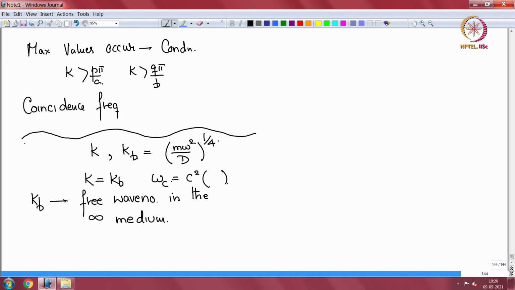That means somewhere remotely far away there is a localized excitation given, and what now propagates in the medium is kb. And for this infinite medium, the coincidence condition is this.